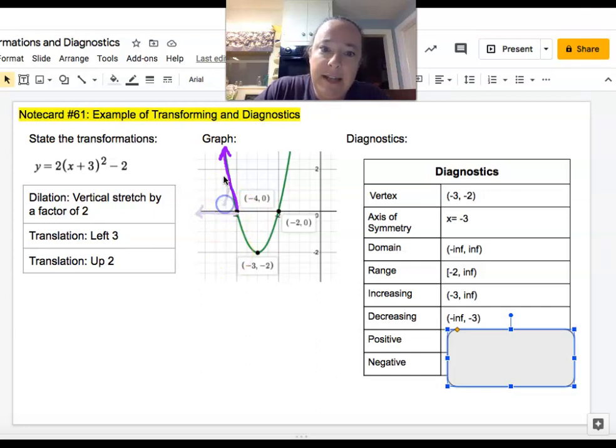So smush this down, smush this down. So what are those two intervals?